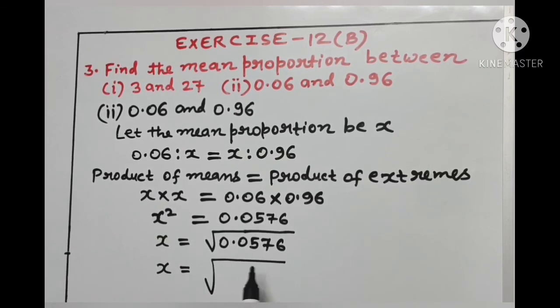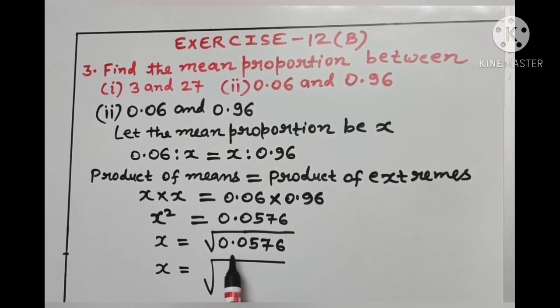I am going to change this decimal number into fraction. Okay, so how we will change this decimal number into fraction? Here after the decimal point, 4 digits are there, 1, 2, 3, 4. So we are going to write in the denominator 4 zeros, 4 digits are there after the decimal point.